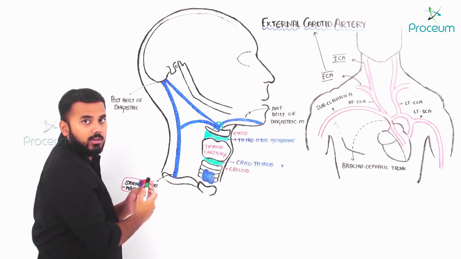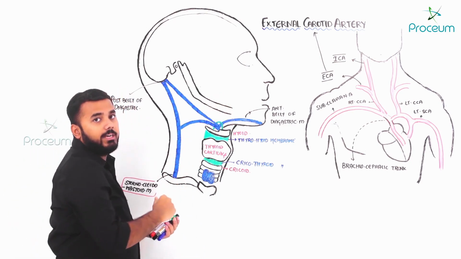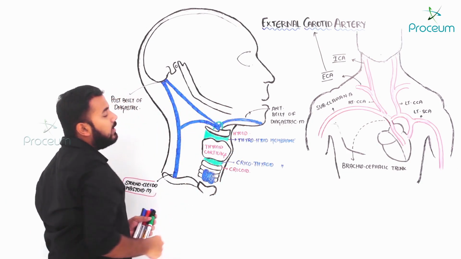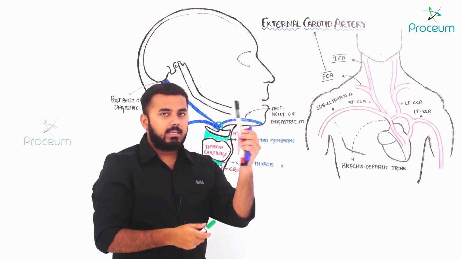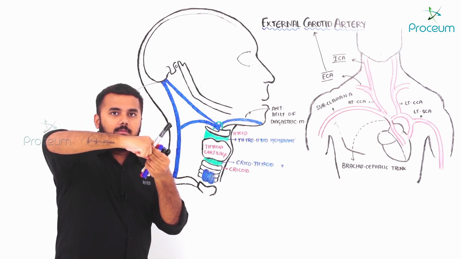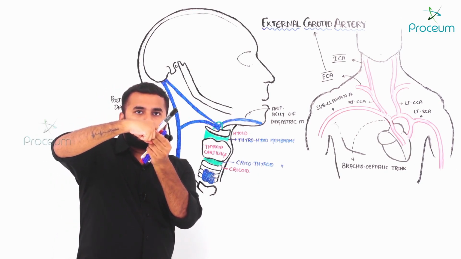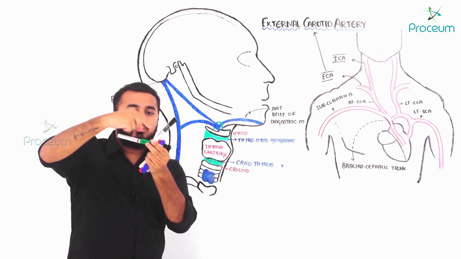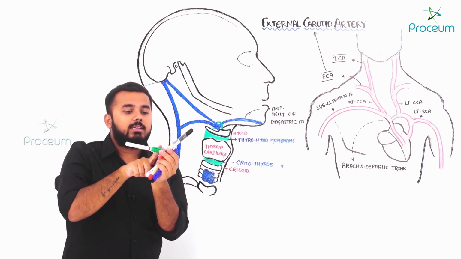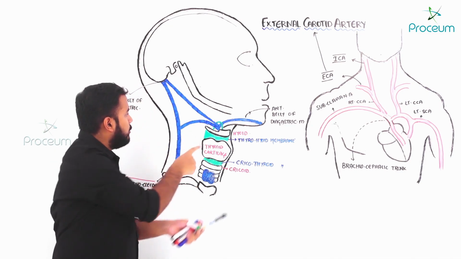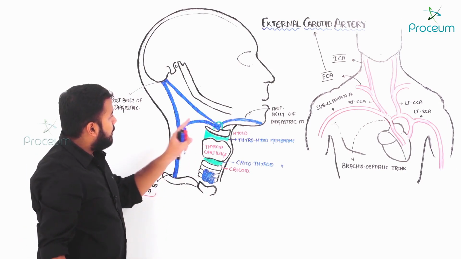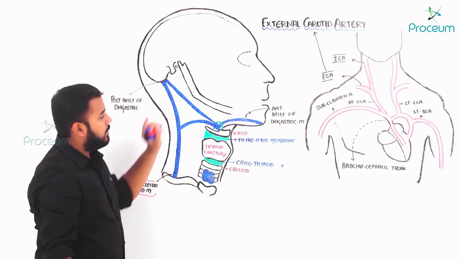You see, this tendon is hooking the anterior and posterior belly together on the hyoid bone. For example, this is the anterior belly, this is the posterior belly. There is a hook like this so that the anterior and posterior belly don't detach from the hyoid bone. You see this hook? So this is a tendinous hook. Right, anterior belly of digastric, posterior belly of digastric.